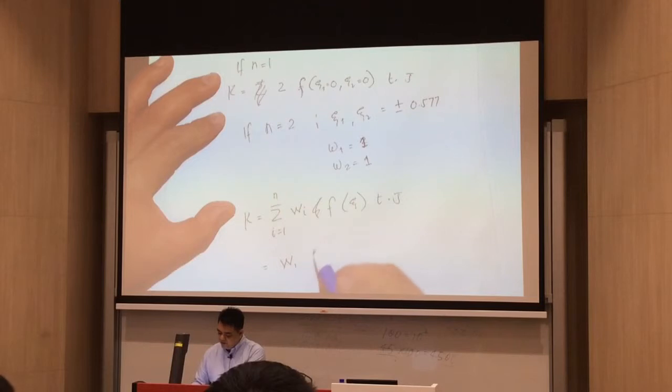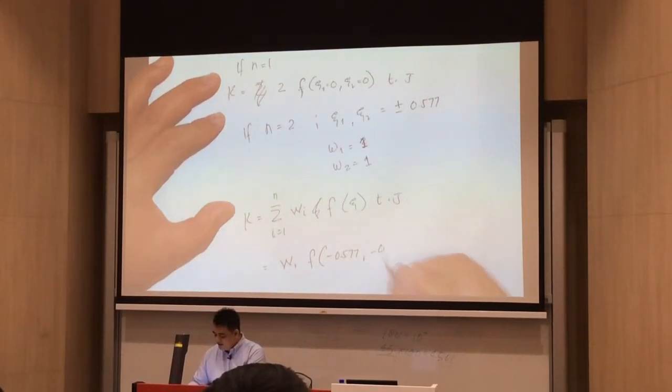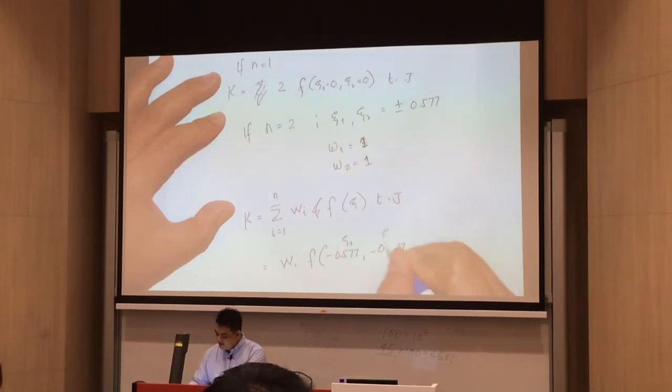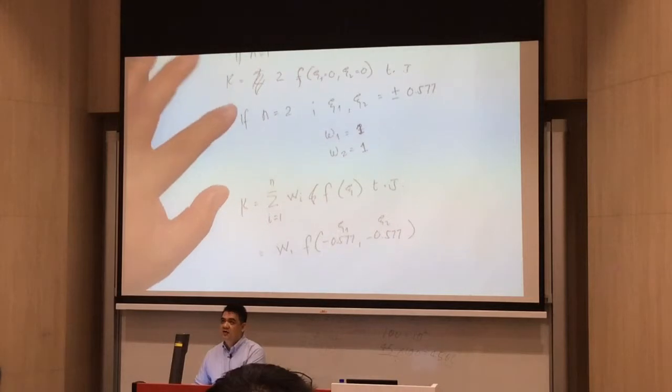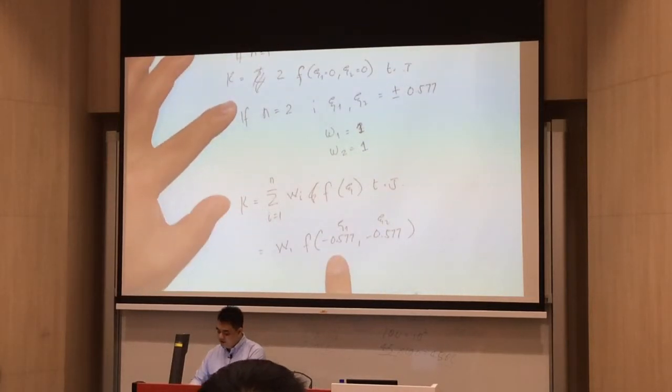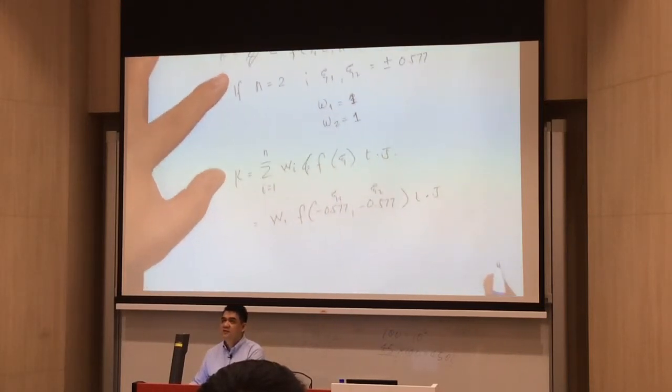This one you have to do twice, wherein your function initially will be minus 0.577, negative 0.577. This will be C1, C2. So you have to input this one. It's not anymore 0. And then you have your thickness and your Jacobian based on these two values.